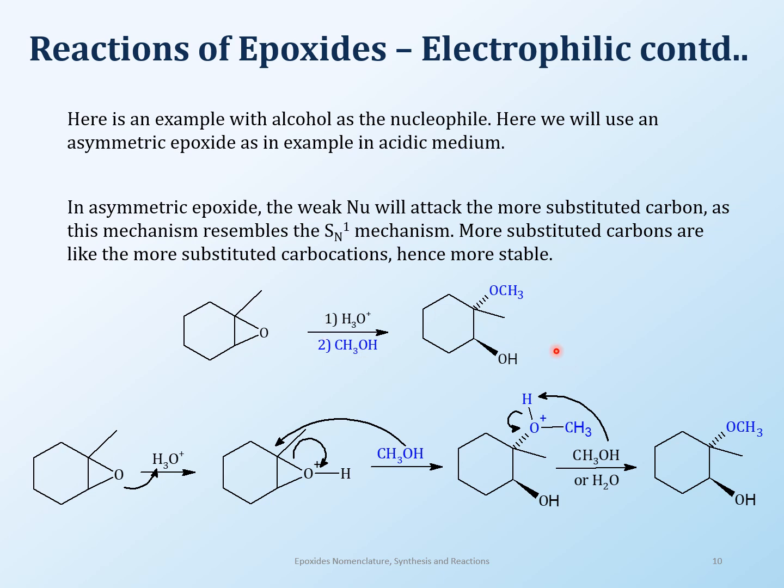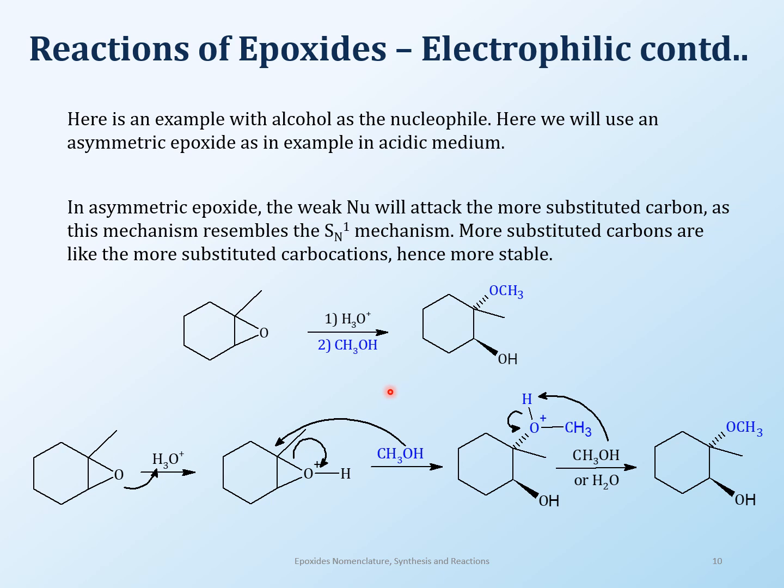But in the case of SN1, what is more important is that the carbocation be more stable. If you're looking at these two carbons, the top carbon is more stable as a carbocation because it's more substituted. That is how we do this in acidic mechanism.